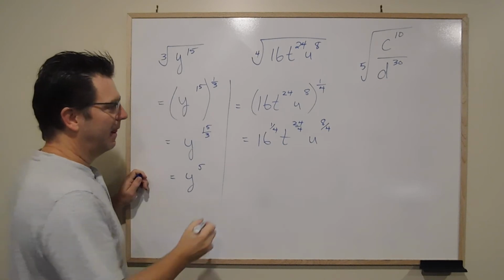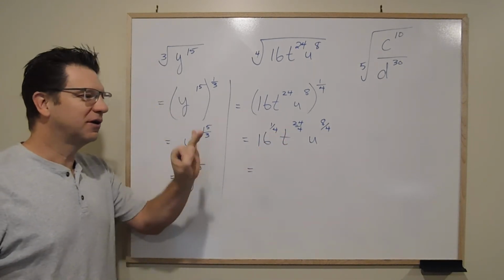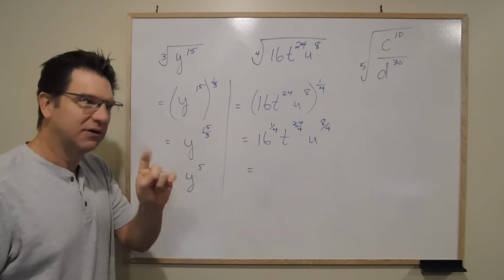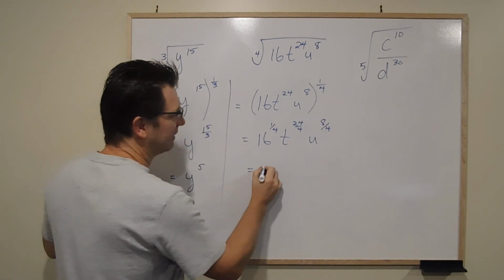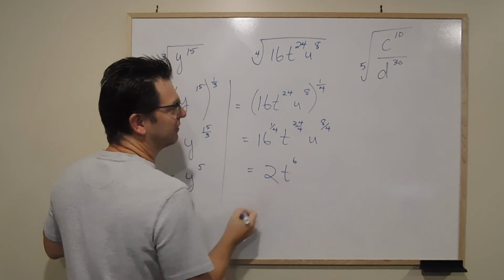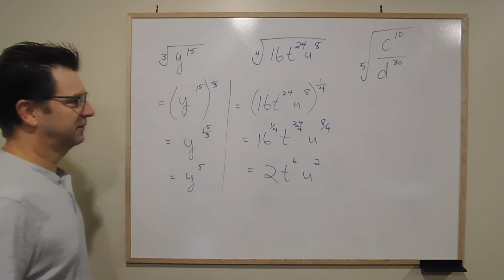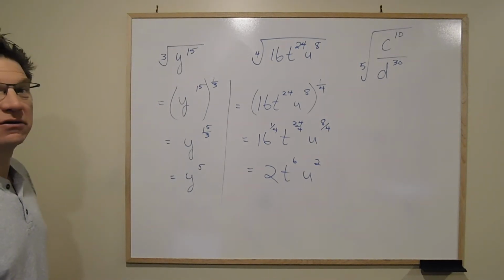Okay? And then I can continue, I can say, well, the 4th root of 16, 2 times 2 times 2 times 2 is 16. And I can just divide that, giving me t to the 6th, and I can divide that, giving me u squared. Okay, t to the 6 and u squared.